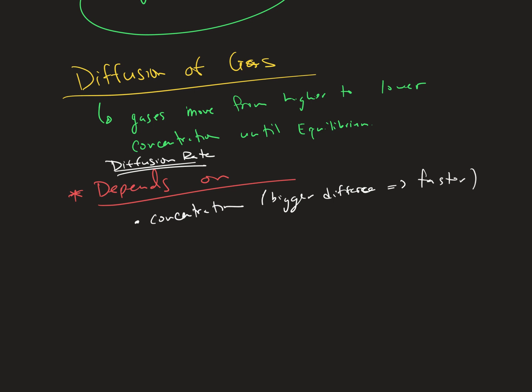Which is diffusion rate? So this right here, we're talking about diffusion rate. Gotcha. Diffusion rate depends on these things here. So the rate at which it diffuses depends on your concentration gradient, meaning the difference in concentration.